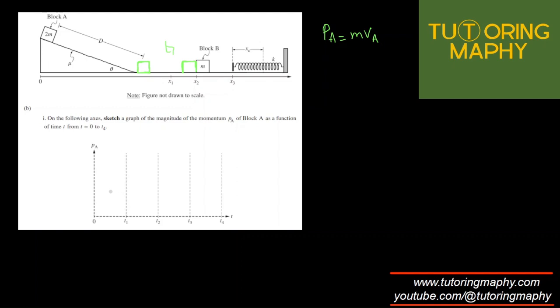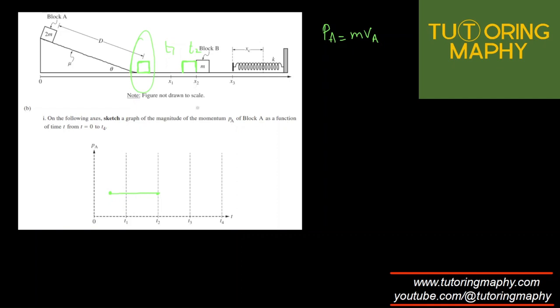So I know that obviously after t1 it just becomes constant, right? And till t2, this is the point t2. From here the speed is going to remain constant, so the momentum will become a straight line. It's not going to change till t2.